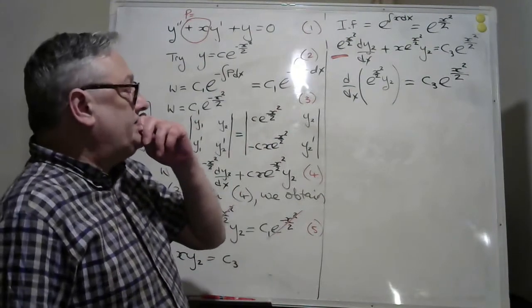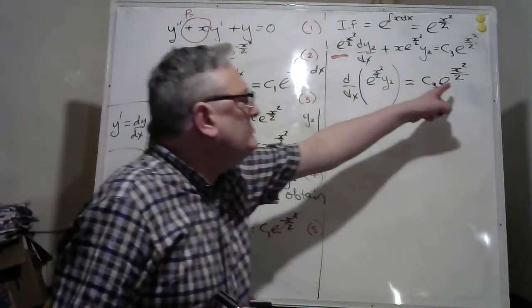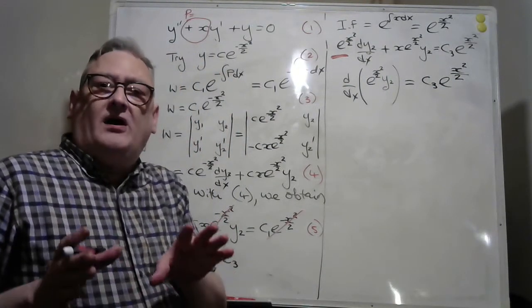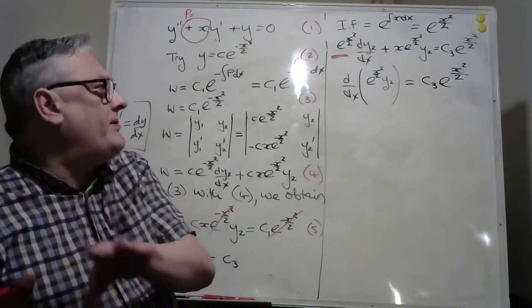Right, so again, we're going to run into slight difficulties with the integral on this side because it's yet again another imaginary error function. But we'll deal with that when we come to it.